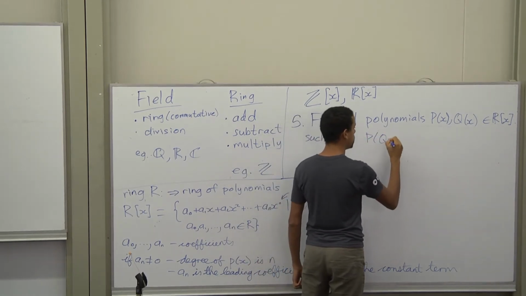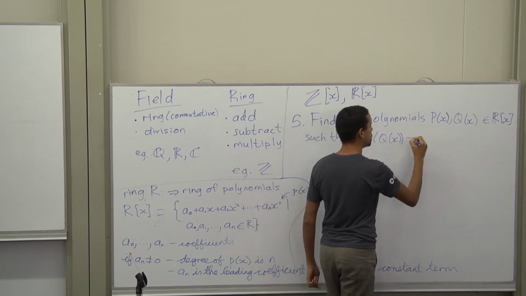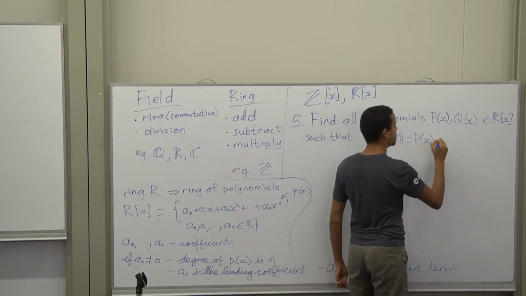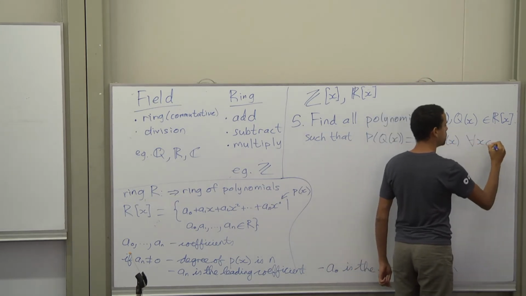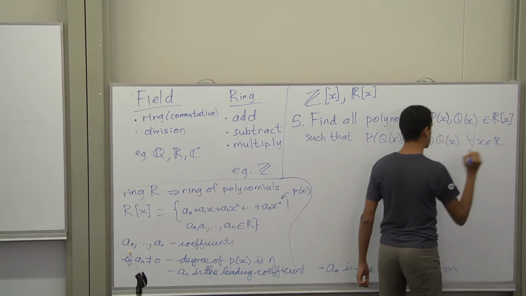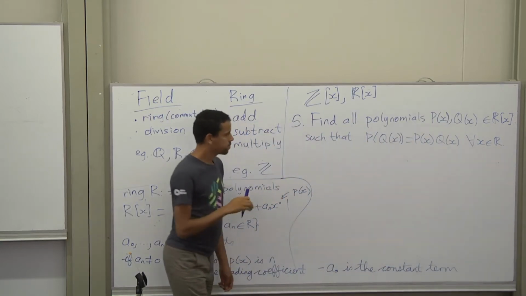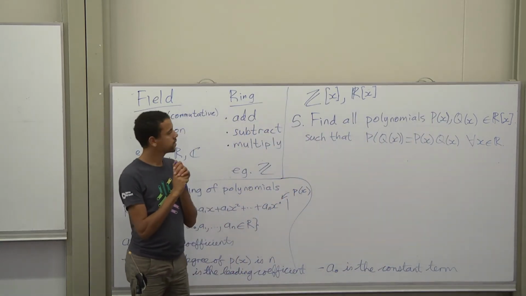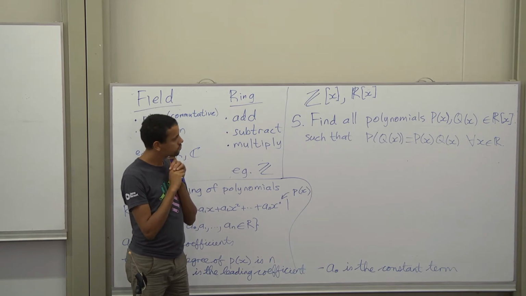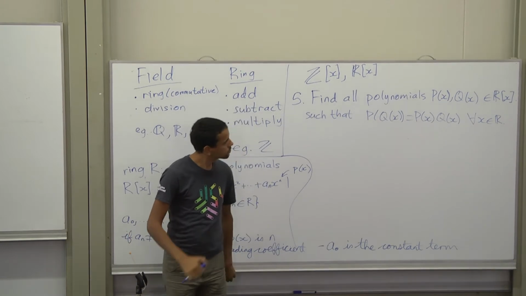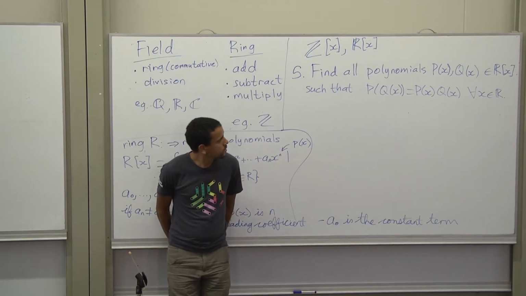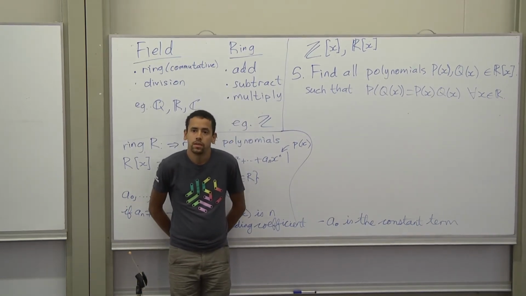P of Q of x is equal to P of x times Q of x for all real numbers x. Find all polynomials for which that is true.